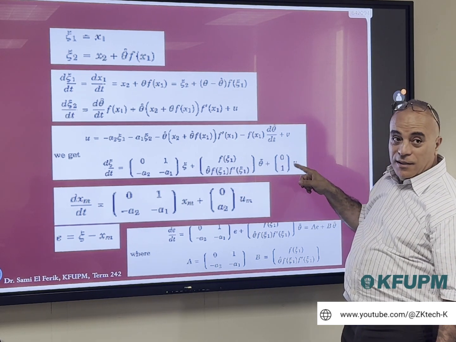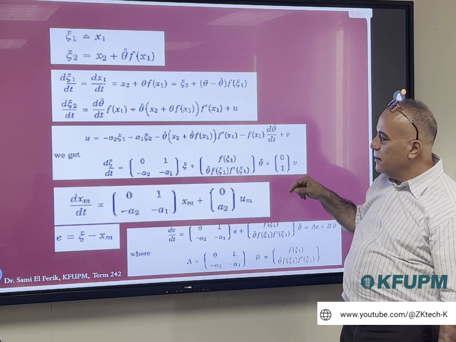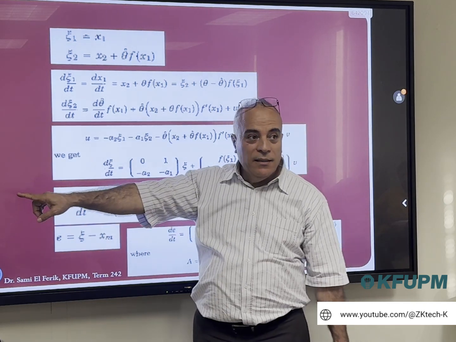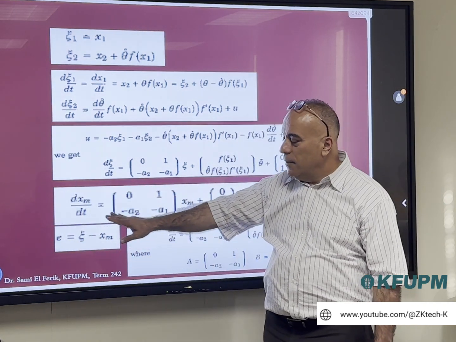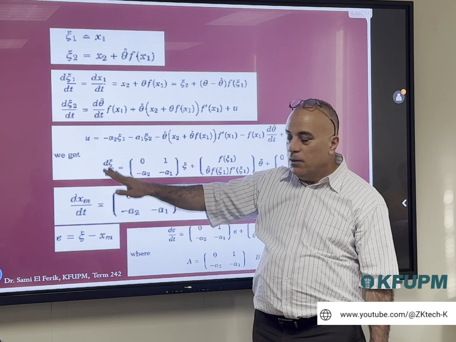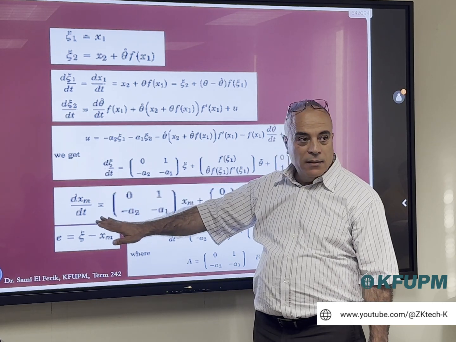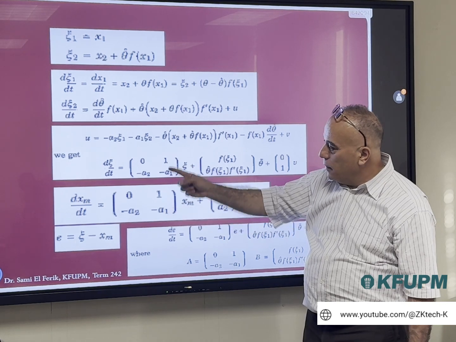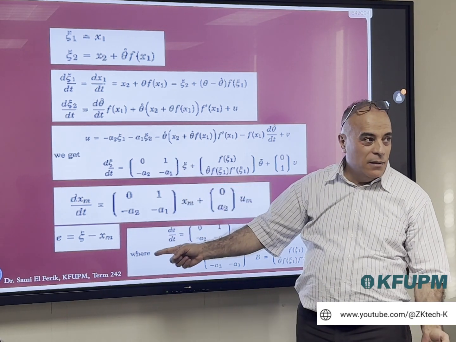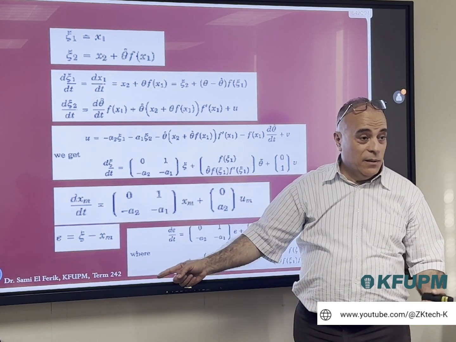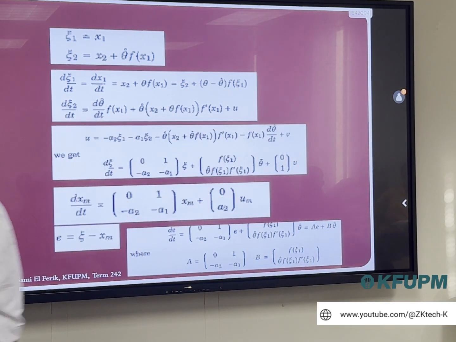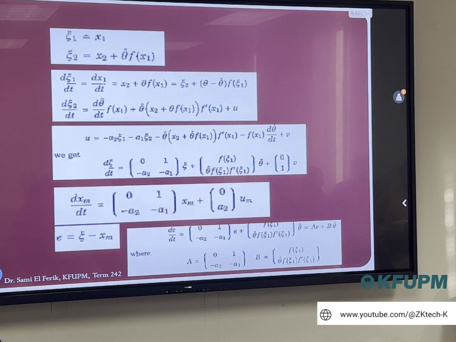V is your linear system, your linear controller or linear part. And then rather than having y desired, now you have a reference model. So we want this dynamic to follow this desired model. This desired model has the same error dynamic, so we did not make it different, but we can make it different by adding minus k times the state.